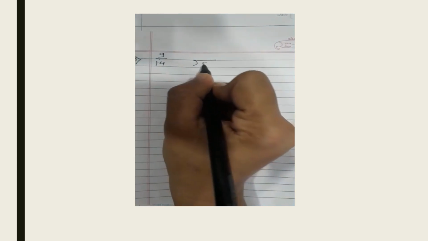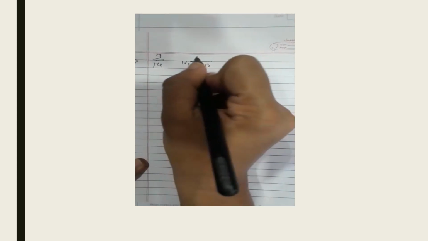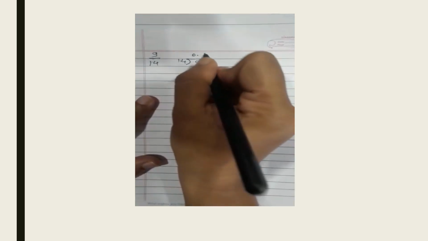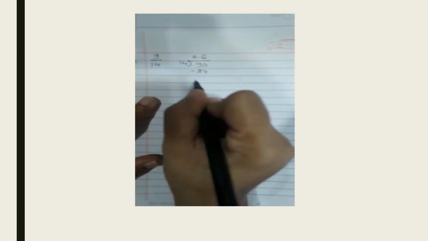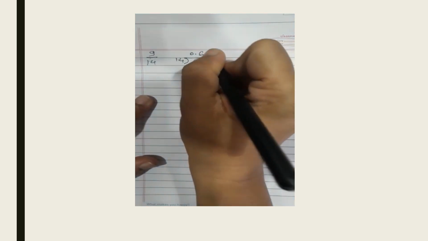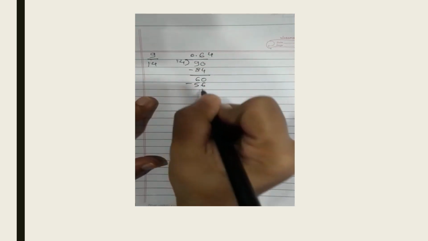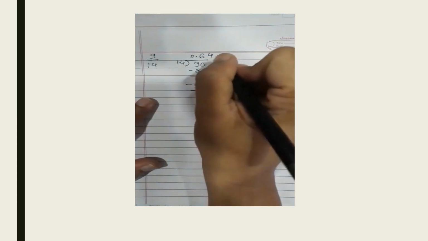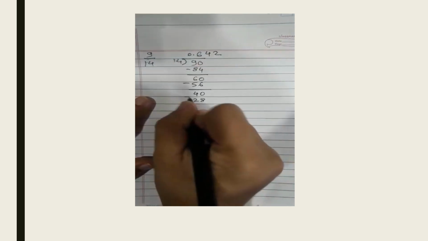Next example is 9 upon 14. Divide 9 by 14. Add a 0 here. Give a decimal point in the quotient place. 14 sixes are 84. Remainder is 6. 14 fours are 56. Remainder 4. 14 twos are 28.